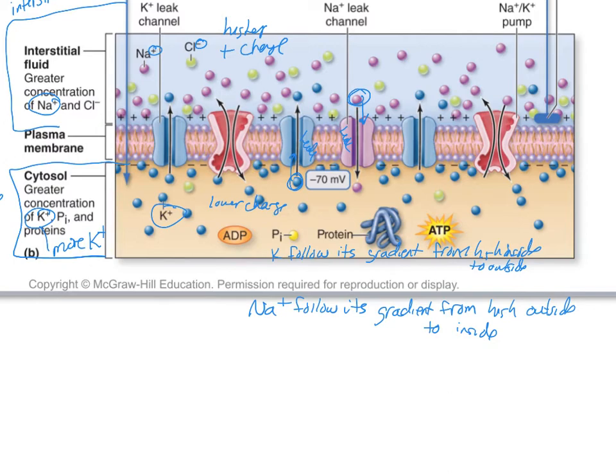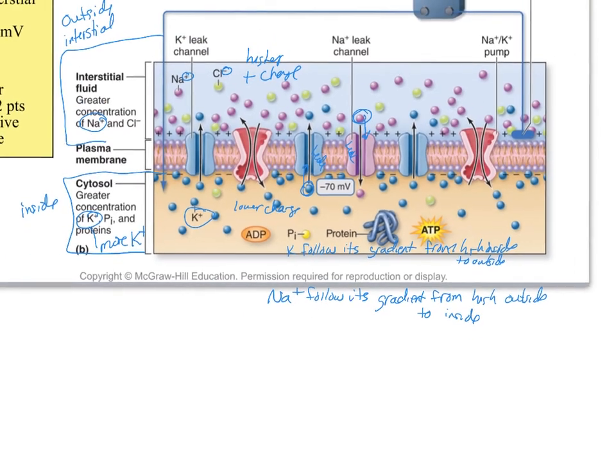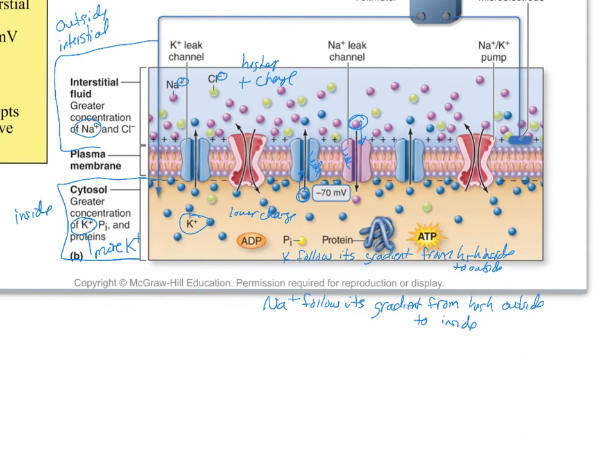Now, if we let that go on, basically then we would end up with an even amount of potassium on both sides and an even amount of sodium on both sides, and that would totally screw up your ability to have a resting membrane potential. So one thing you're going to do is throw in the sodium-potassium solute pump. So this thing right here. This becomes really important for helping to maintain that ratio.